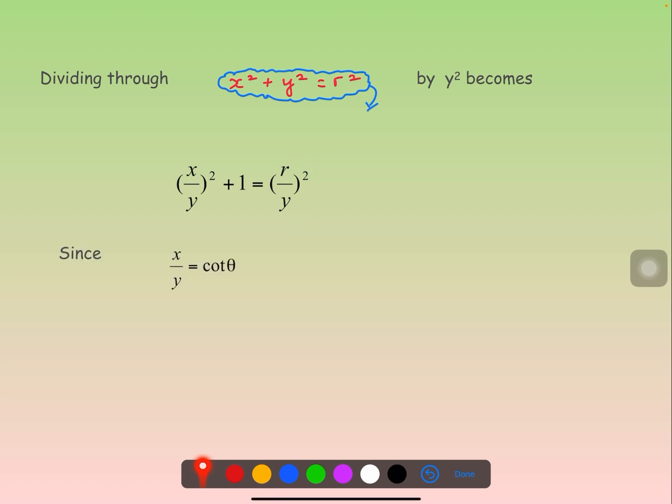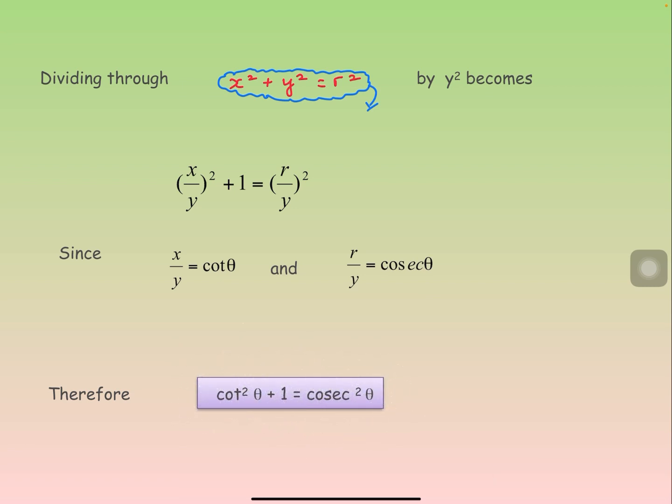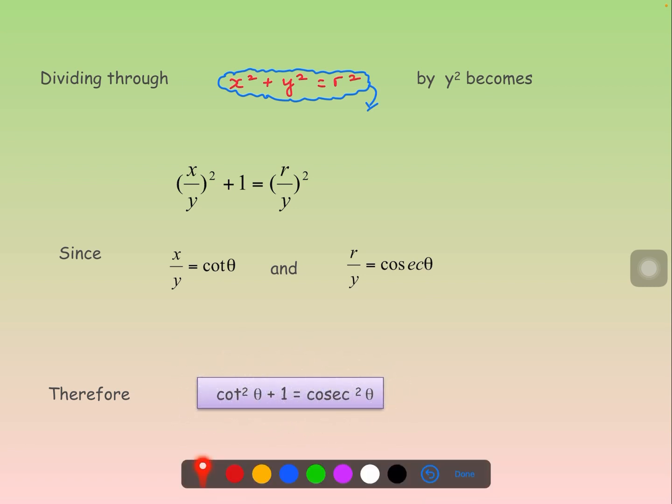Since x over y is cot theta and r over y equals cosecant theta, therefore we have the third identity equation. We have cot squared theta plus 1 equals cosecant squared theta.